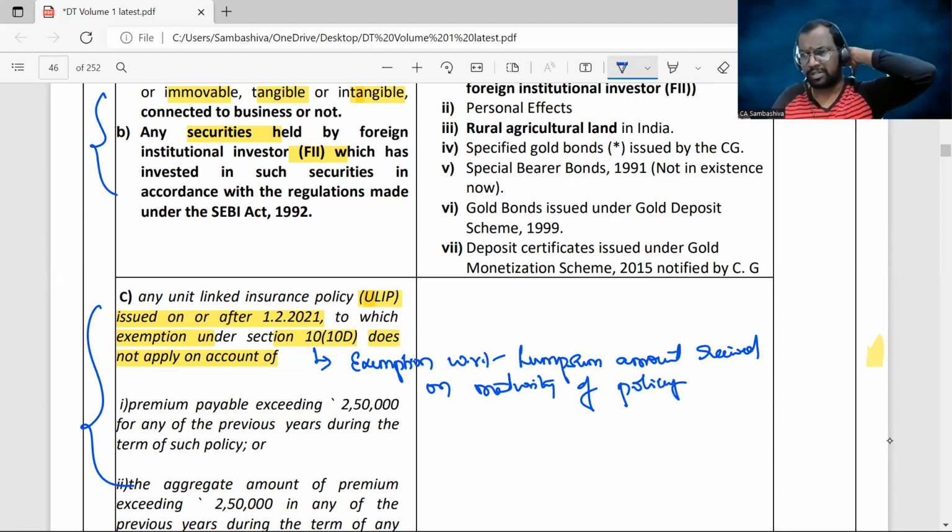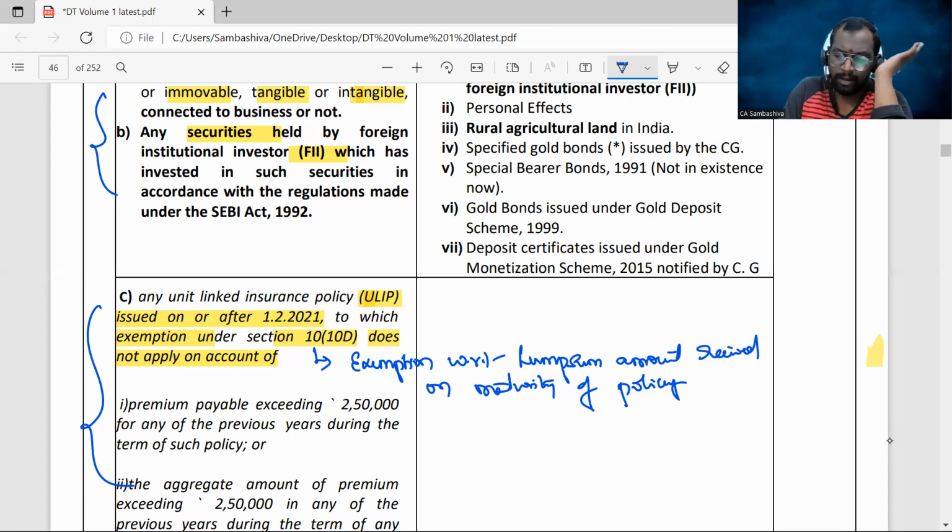Whenever your policy matures, you receive a lump sum amount, and that lump sum amount is exempt from tax as per the provisions of section 10(10D). But there are certain circumstances where the exemption under section 10(10D) is not applicable, and that means whatever lump sum amount you receive from that policy is fully taxable.